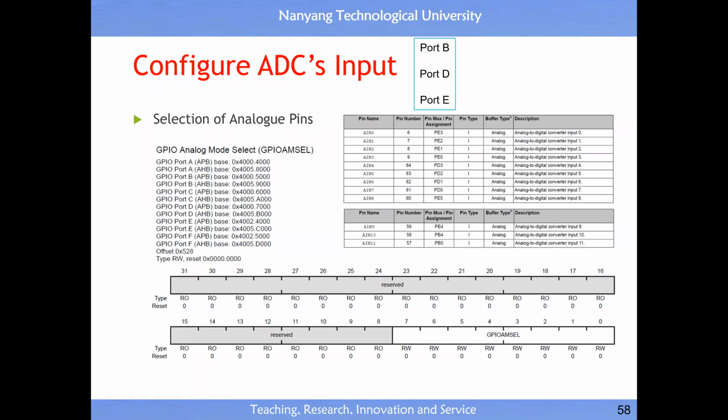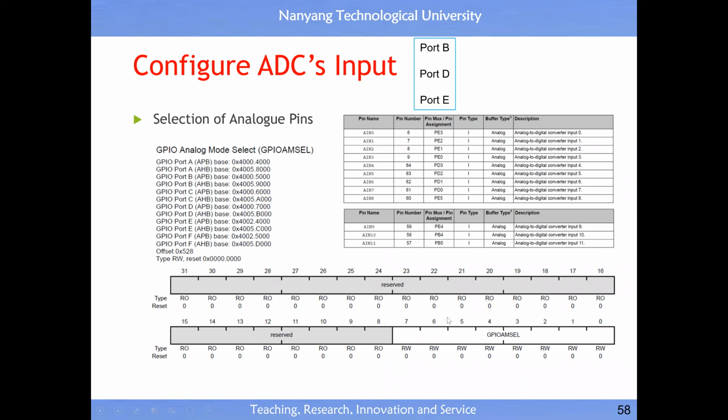All right. Since you can connect up to 12 sensors, and this is like a sport car with 6 ports, they give you the possibility to configure all 6 ports' pins, right? So this is why you have so many addresses here.